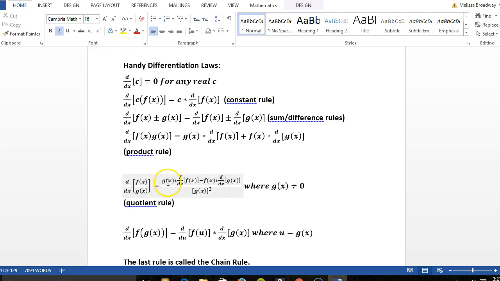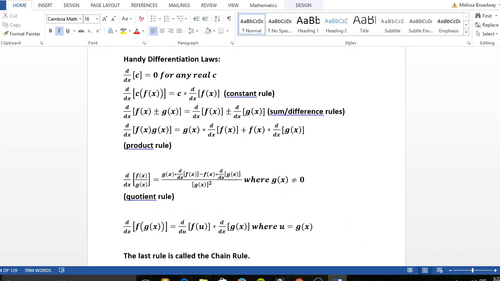Low d high minus high d low over low squared. You didn't pay to hear my singing, did you? But it's a good rhyme. I know I'm coming across a little silly, but it works. Low d high minus high d low over low squared. That's the quotient rule. That's a great way to remember it.